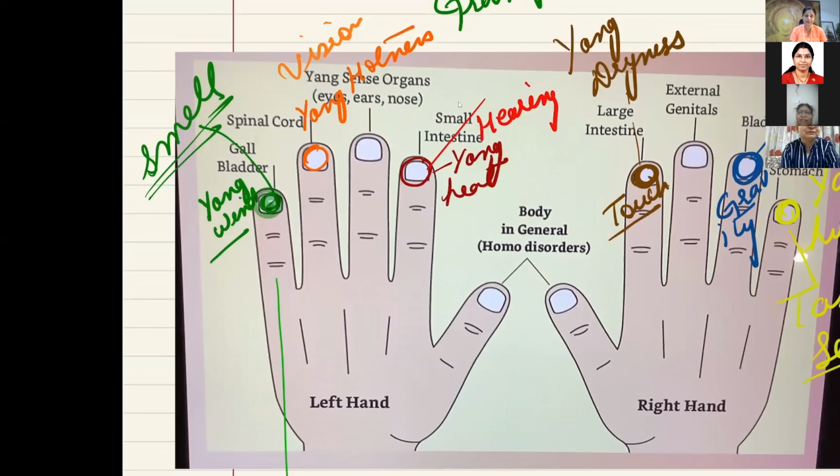If this needs tonification, then we do moxa anti-clockwise like this, and wait, and then do it again.